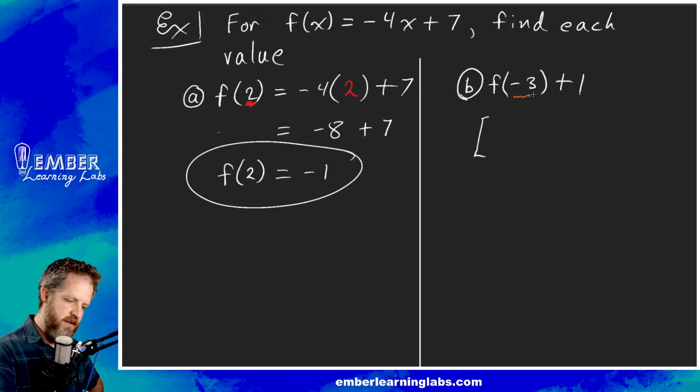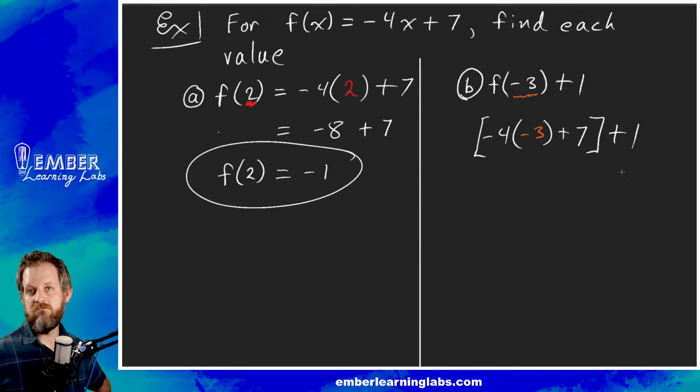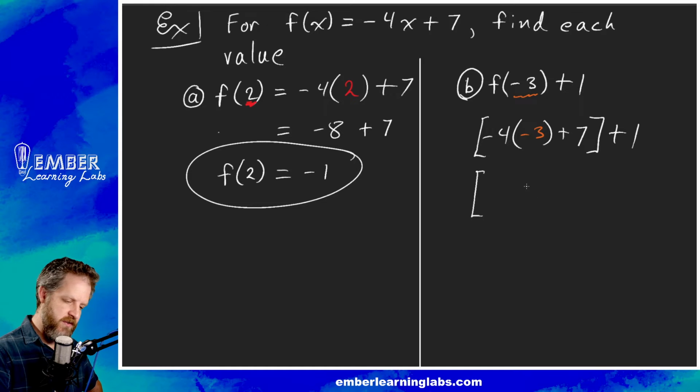Use a different color this time, keep it all separate. So -4 times -3 plus 7. Then we're going to add 1. Easy peasy. -4 times -3 is positive 12.